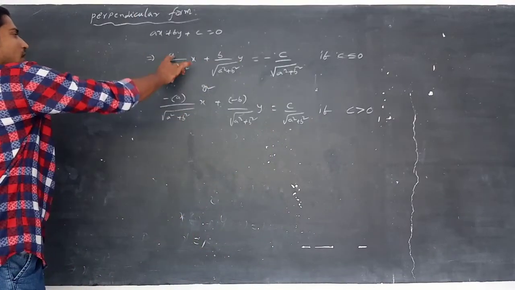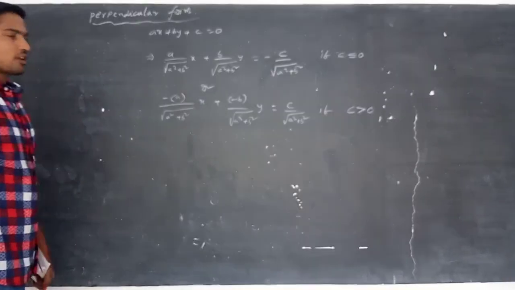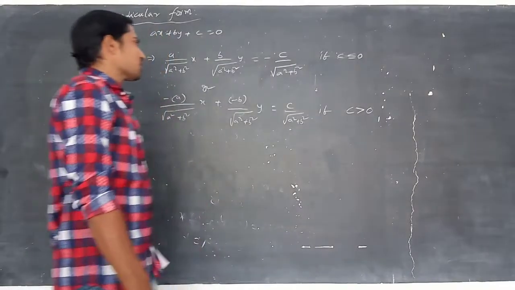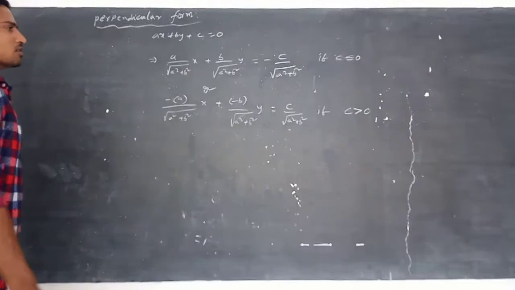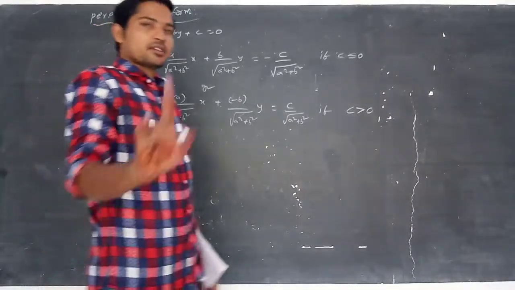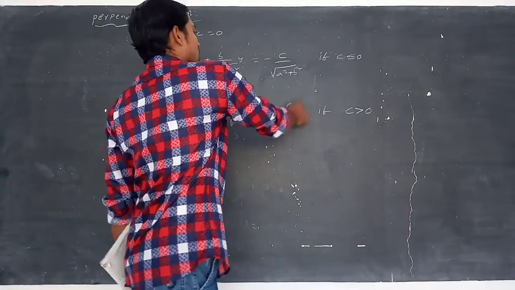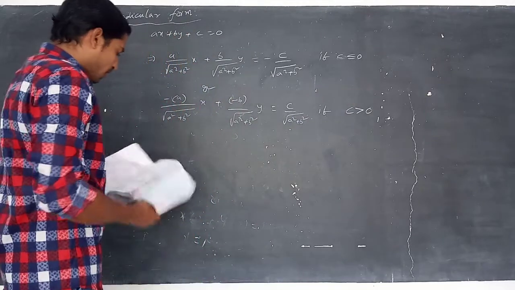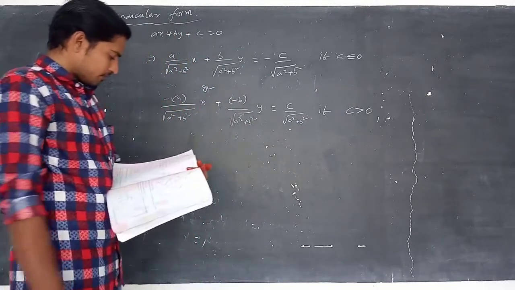Right? So a by square root of a square plus b square into x plus b by square root of a square plus b square into y equals minus c by square root of a square plus b square when c is less than or equal to 0, and c is positive when c is greater than 0. That is the perpendicular form of a line.